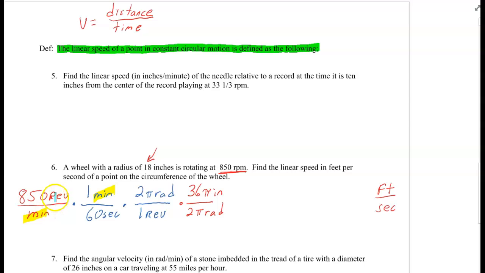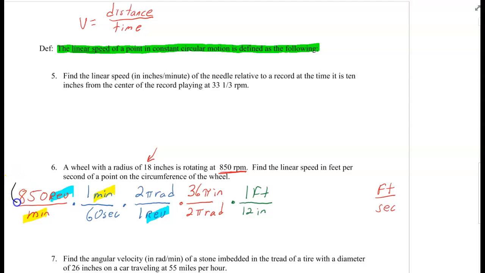The revolutions have been reduced. And a radian is simply a real number. So right now I got inches over seconds. So I just need to convert inches to feet, and we know that 12 inches is equivalent to 1 foot. We want the inches in the denominator, so 12 inches is 1 foot.